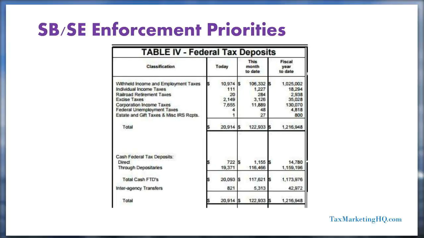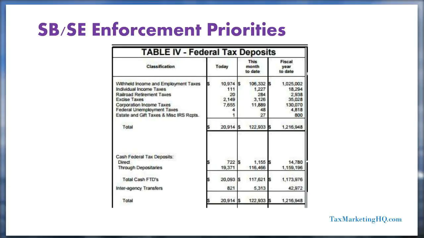And if we look at the detail section, table 4 of the daily Treasury statement, you'll see that there's a bunch of excise taxes, railroad taxes, individual income taxes. However, the single biggest chunk of this 1.2 trillion is withheld income and employment taxes. These are federal tax deposit monies from employers. So these are withheld income taxes, withheld Social Security taxes, withheld Medicare taxes coming in to the government.